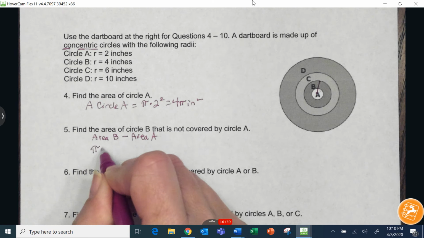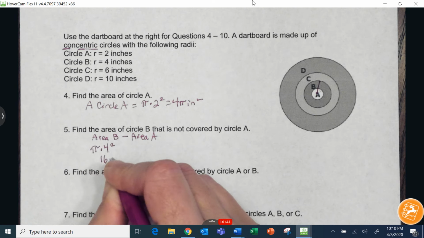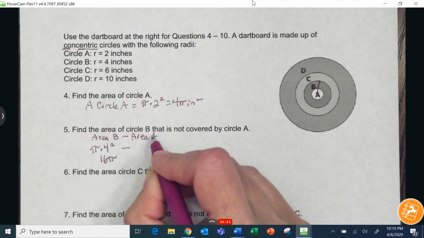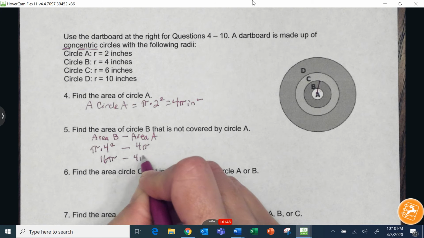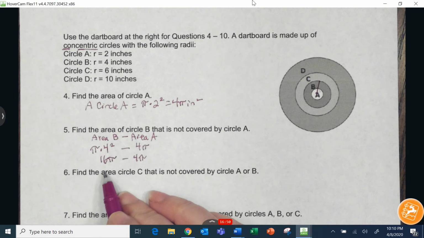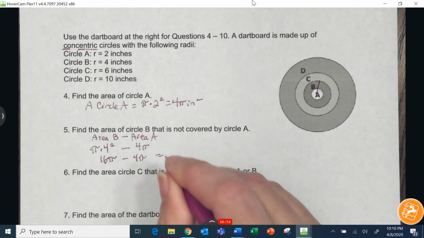So pi times 4 squared, or 16 pi. And then we have to subtract off the area of A, which we just found, 4 pi. If you have 16 pi's and you take away 4 pi's, you get 12 pi.